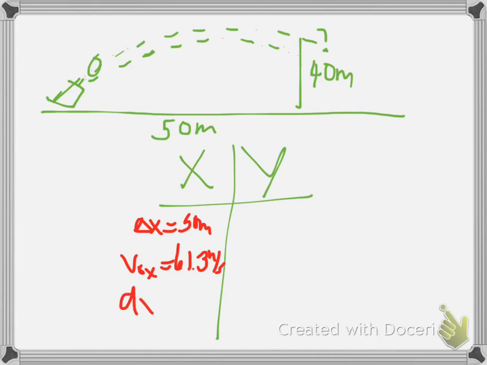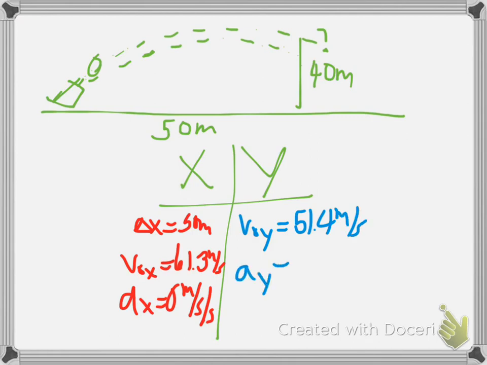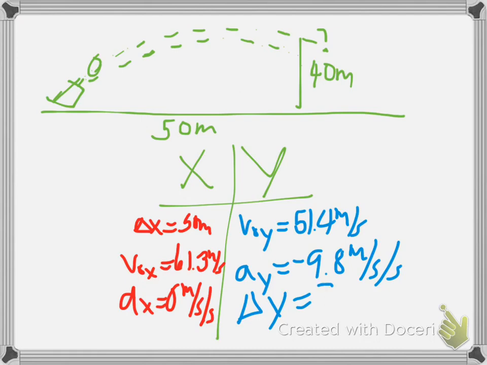We still know the acceleration in the x direction is 0 meters per second squared. We can take a look at the y now. So the y has an initial velocity of 51.4 meters per second, has an acceleration of negative 9.8 meters per second squared. And that's all we know, because we don't know delta y. We're trying to figure that out.